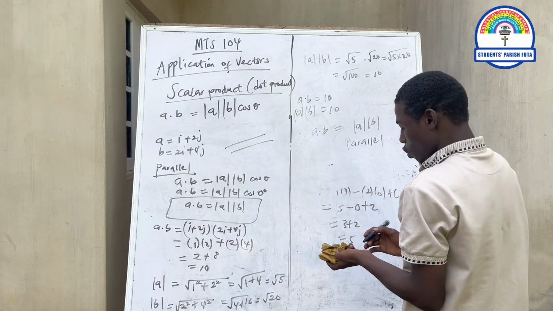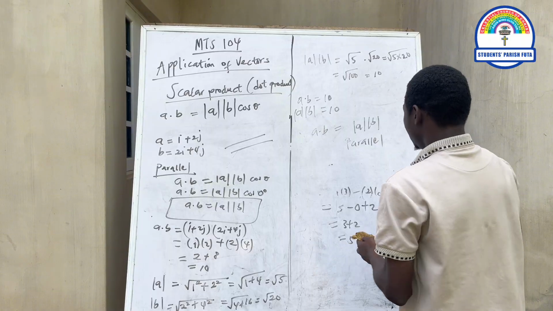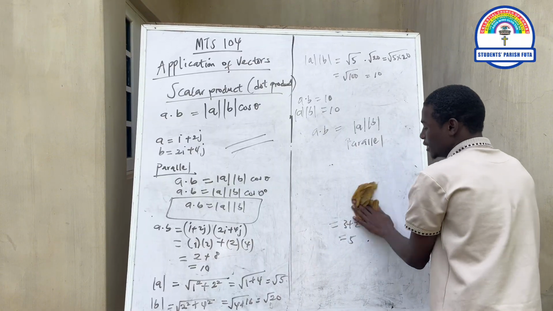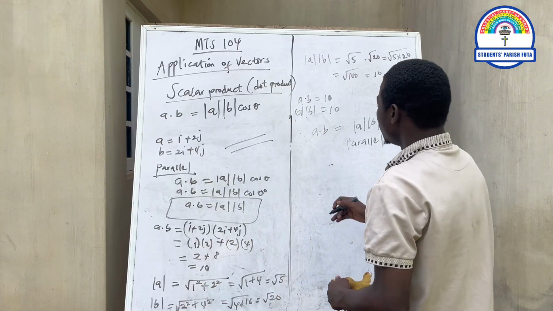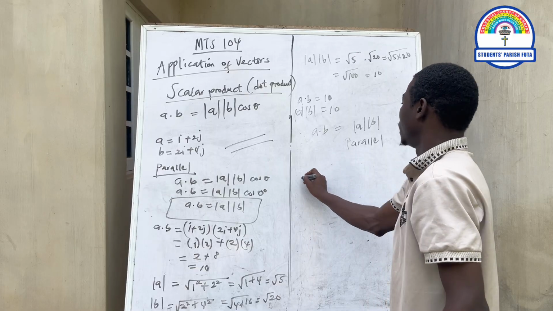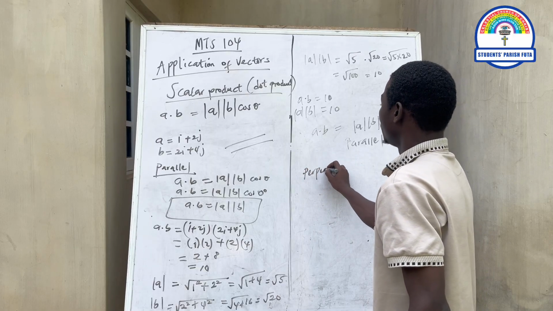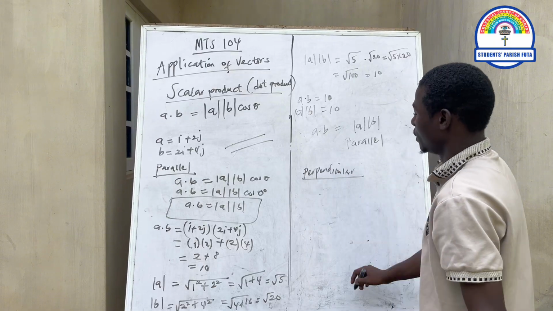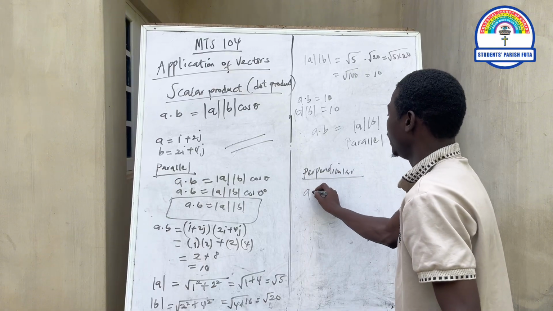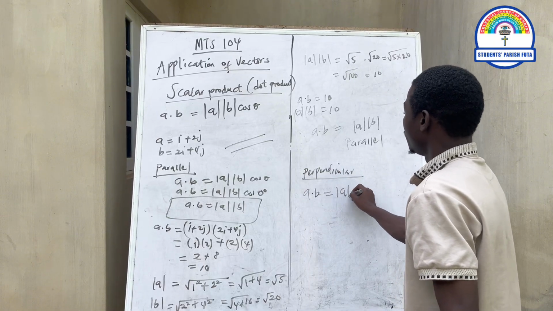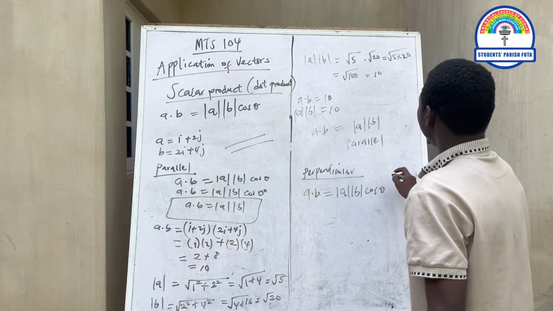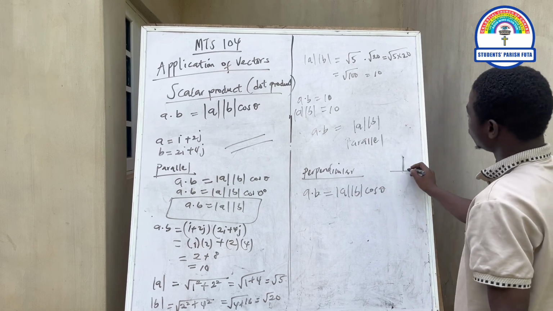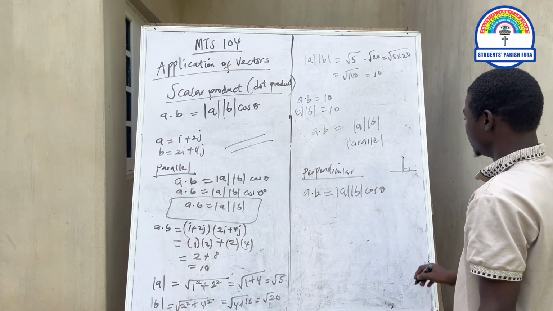Now the same goes for perpendicularity. What is the condition for perpendicularity? If you want to know if two vectors are perpendicular, the angle between them is a right angle, that is 90 degrees.